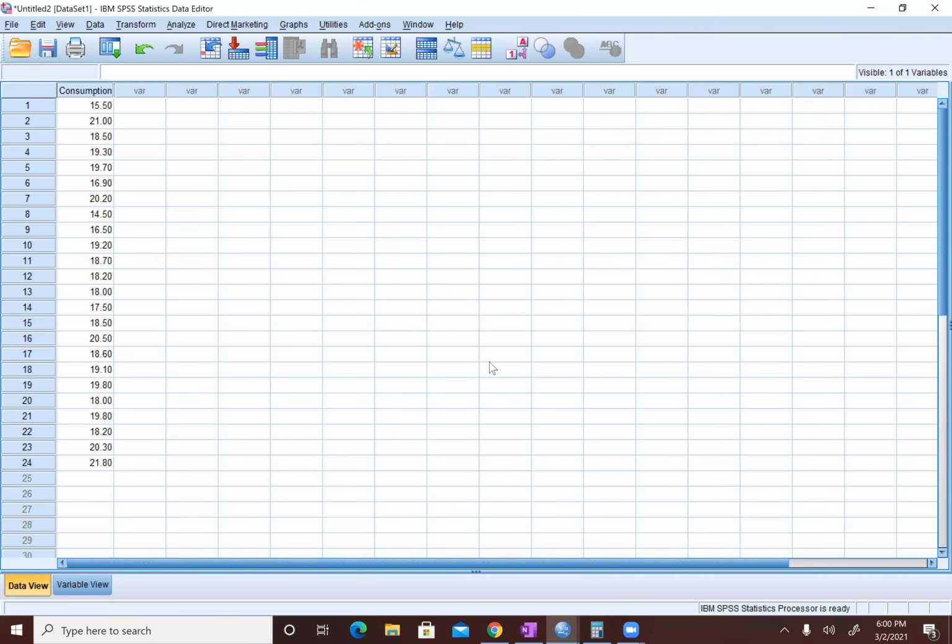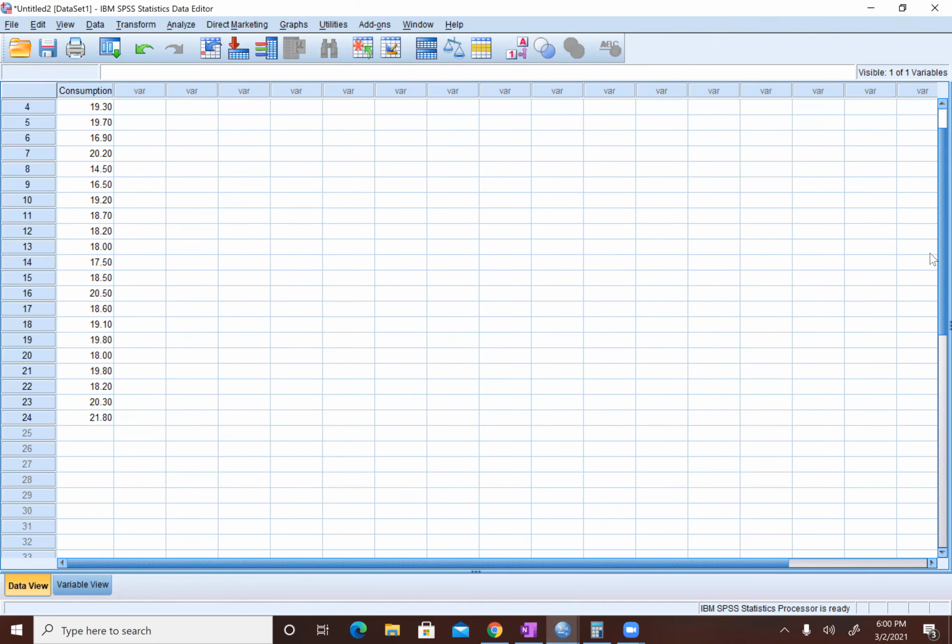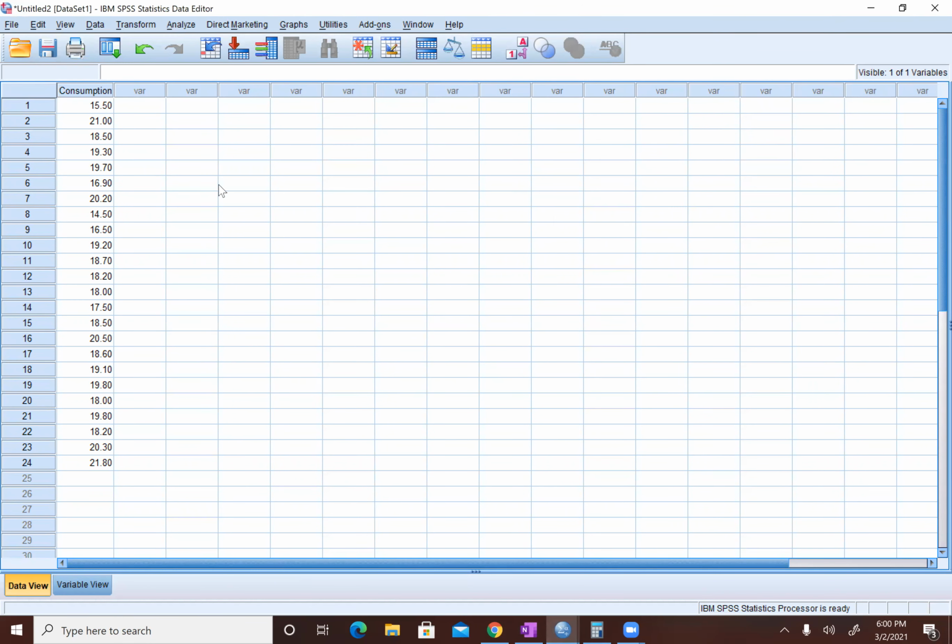So I'll next time show you how to open files in SPSS, but I just fed in this data. Say you have a truck company and you want to estimate the average fuel consumption for your fleet.